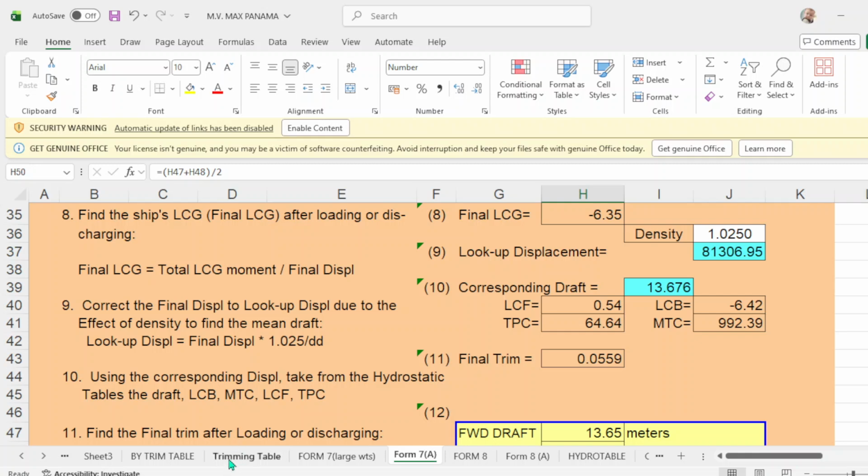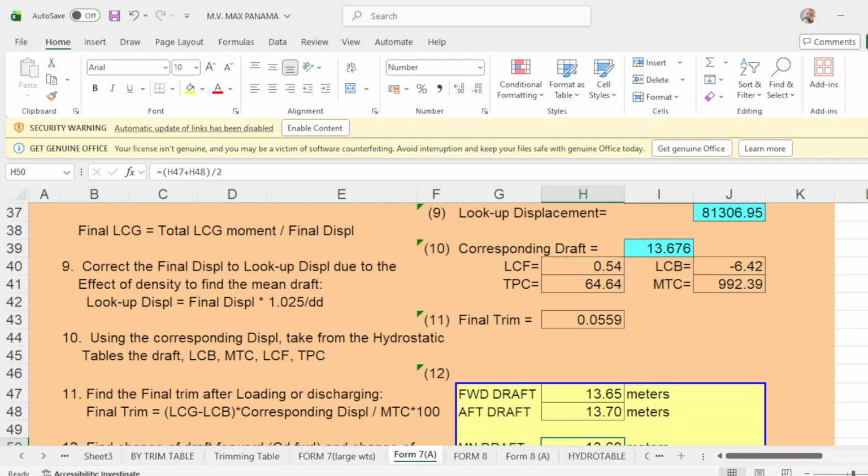To get the trim, the formula is: final trim equals LCG minus LCB times corresponding displacement over MTC times 100.